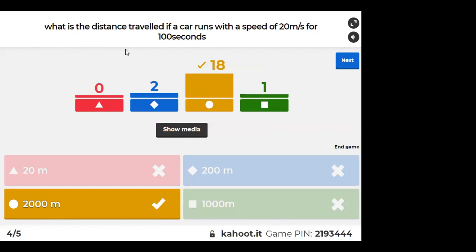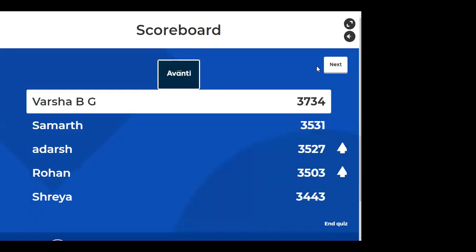So in this, what is given? Distance traveled, right? Speed is given, time is given. So it is easy. Distance is equal to speed into time. Guys, those who are making mistakes, please remember the formulas. These are very basic warm-up questions.